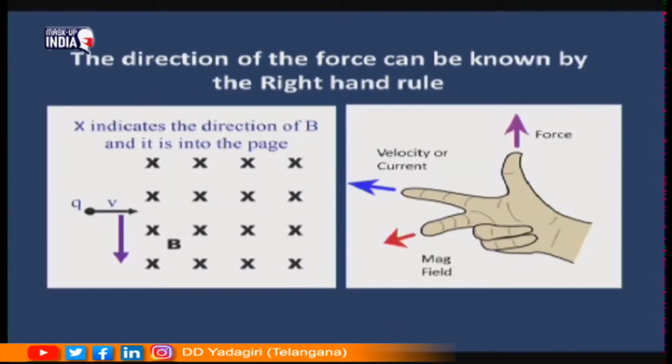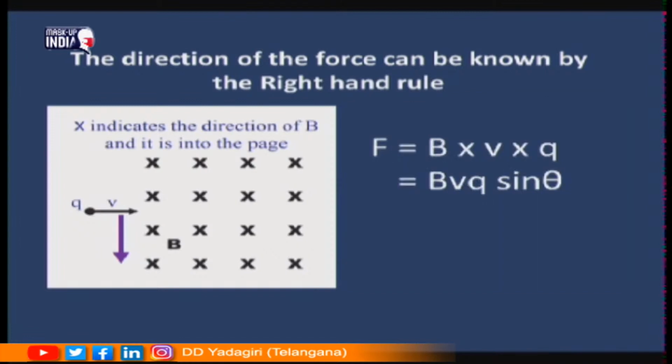Consider a positive charge particle of charge q moving with velocity v in external magnetic field B. The direction of force acting on this positive charge particle can be known by right hand rule, and with that it will be downwards. The magnitude of the force acting on the charged particle is given by BVQ, and if the angle between velocity and magnetic field is theta, then the force is given by BVQ sin theta.